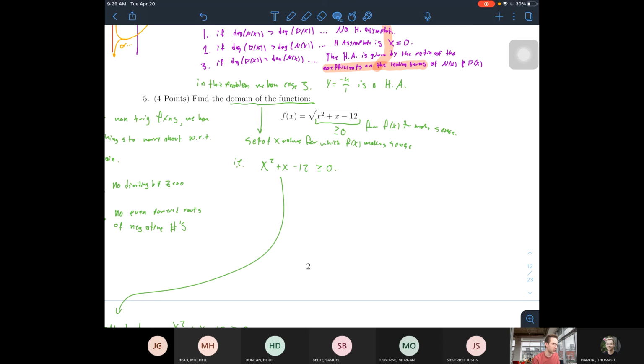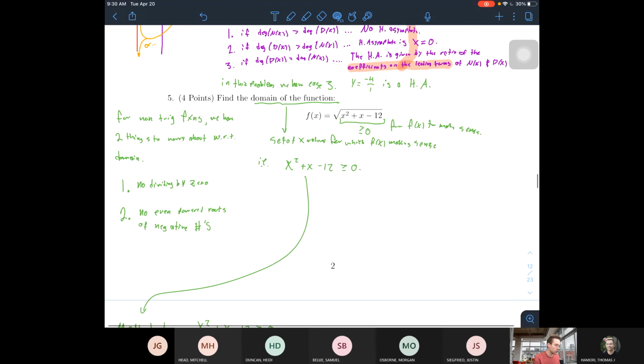So this is a good problem because it asks you about the domain of a function, and to answer this question you need to know quite a lot of what we've learned in this class. You need to know first, what is the domain of a function? It's the set of x values for which this function makes sense. And then you need to know that for this function to make sense, the square root needs to be taking a square root of a nonnegative number.